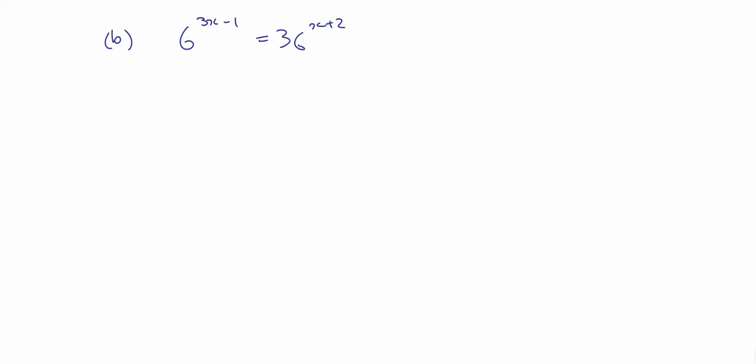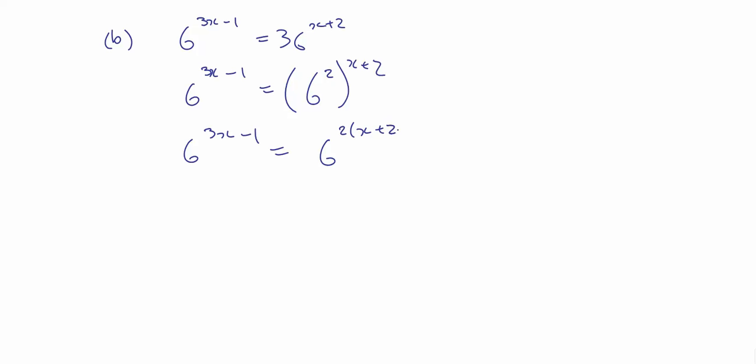Part B, similarly, we notice that 36 is the same as 6 squared, and so we have 6 to the 3x minus 1 is 6 squared to the x plus 2. 6 to 3x minus 1, using the indices rule, is 6 to the 2x plus 2... wait, 6 to the 2x plus 4.